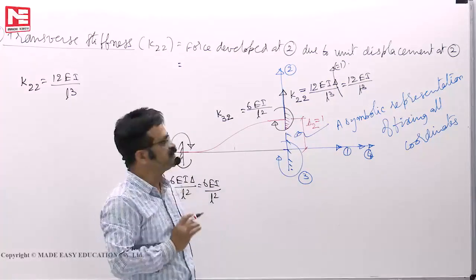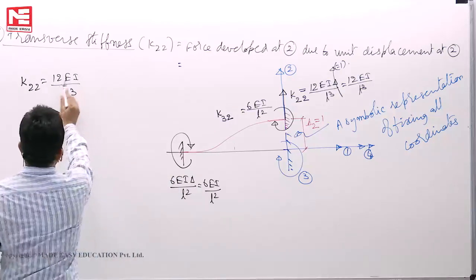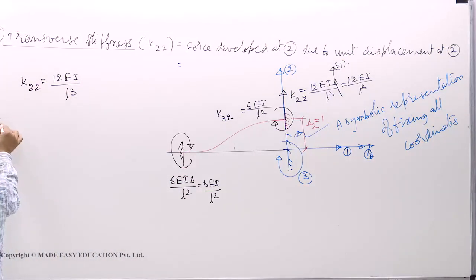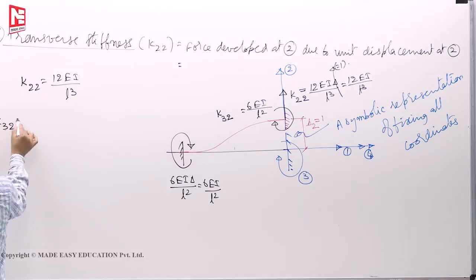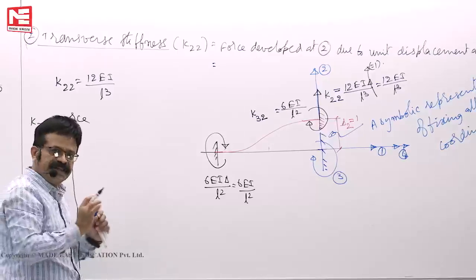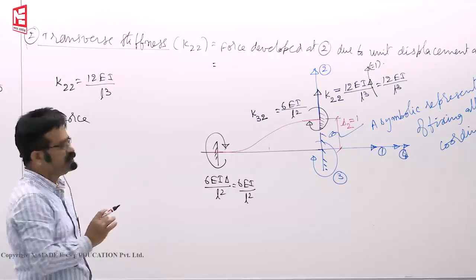So, such simple questions. So, K22 is 12 EI delta by L cube. How to read K32 is like this. Force means a general term. It can be linear force, angular force.